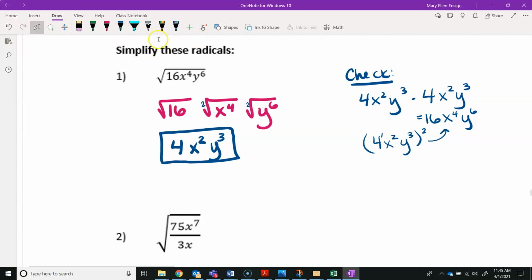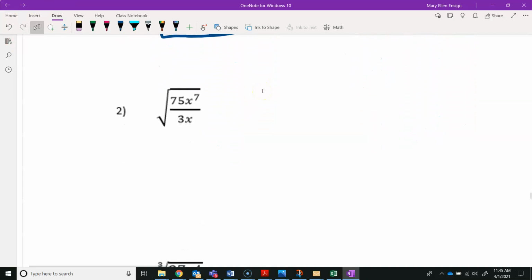Okay, let's look at this one. So now I have a quotient here. I have a choice. I can split it up into radical 75 over radical 75x to the 7th over radical 3x. That's fine. But if you look at those numbers, it's really not going to help me.